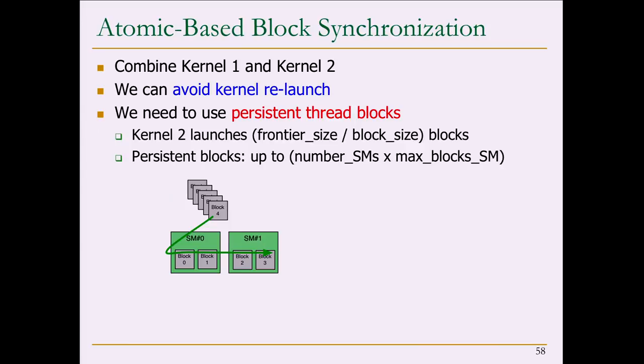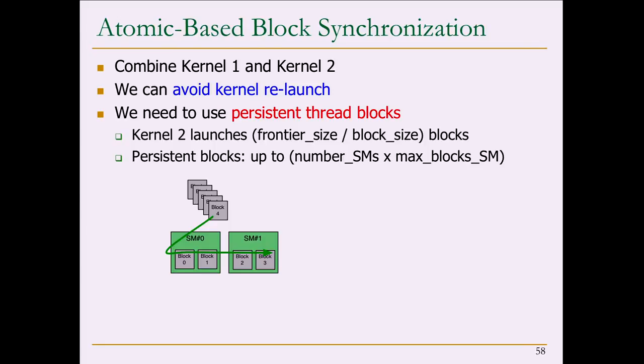So what we do essentially in this kernel 3, this new implementation that avoids the kernel relaunch, is somehow combining kernel 1 and kernel 2. Instead of launching as many thread blocks as needed by the frontier size, what we are going to do is launching as many thread blocks as can fit on the GPU running at the same time.